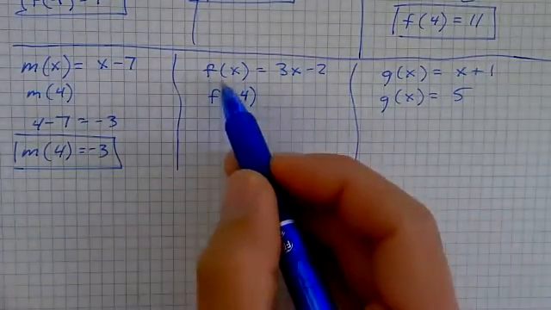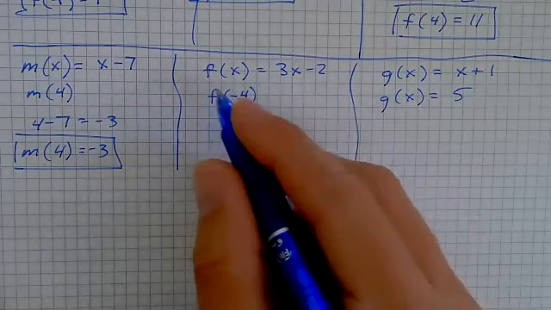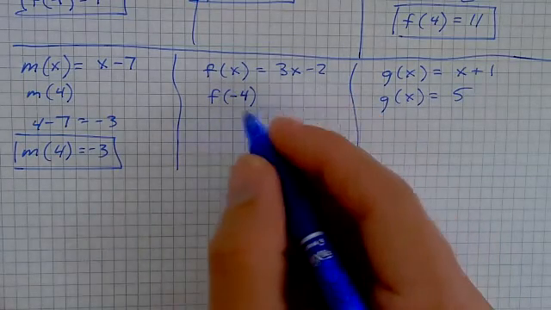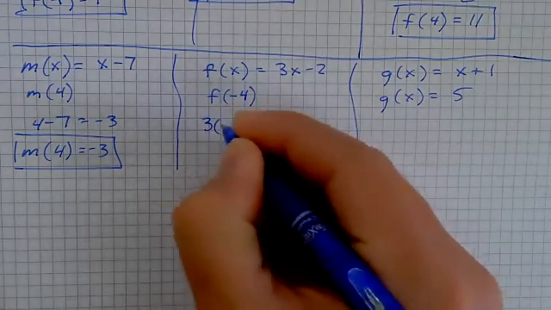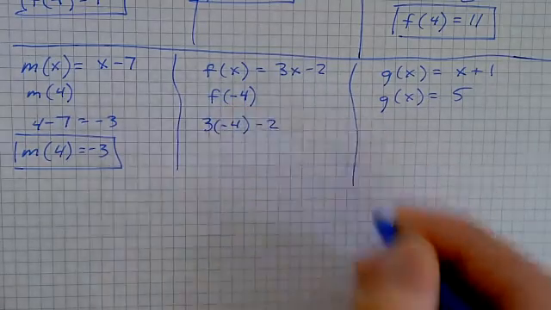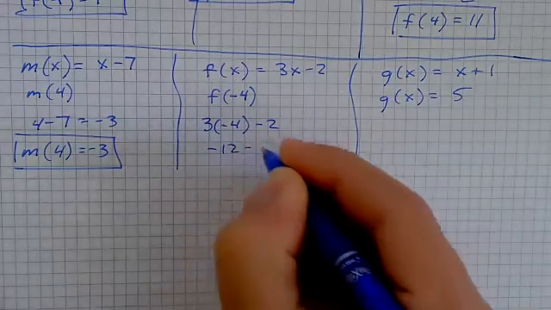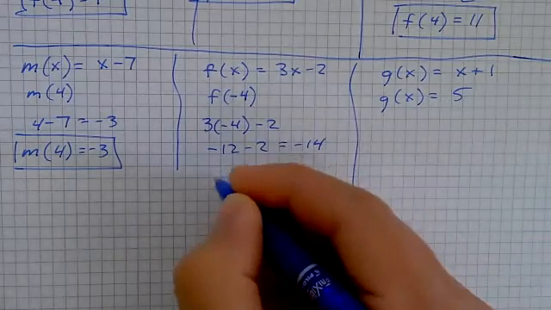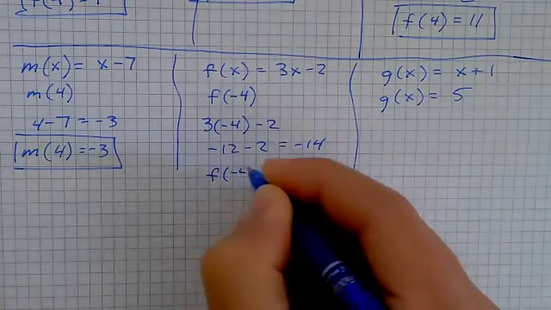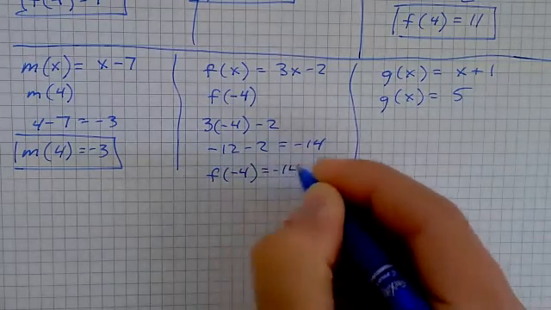It's just a letter. Second one here, f of x equals 3x minus 2, where you're given the input of negative 4. 3 times negative 4 minus 2, negative 12 minus 2 should be negative 14. So f of negative 4 equals negative 14.